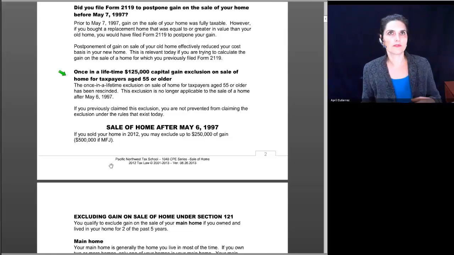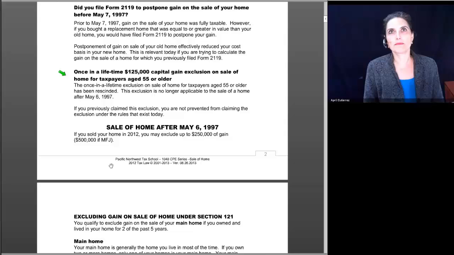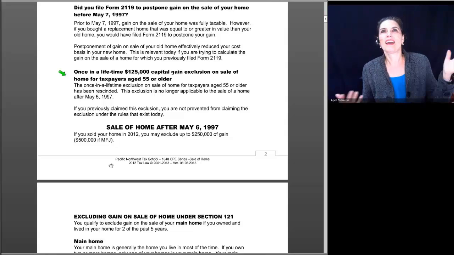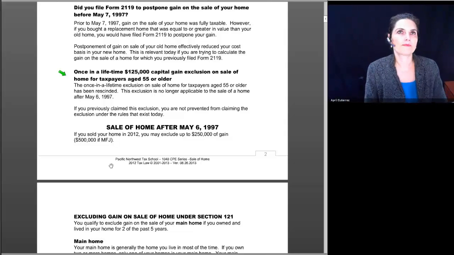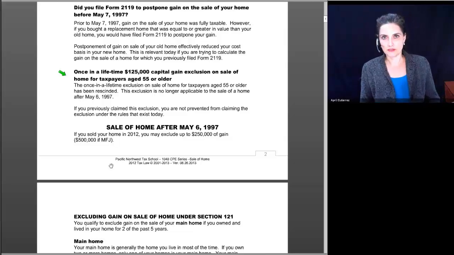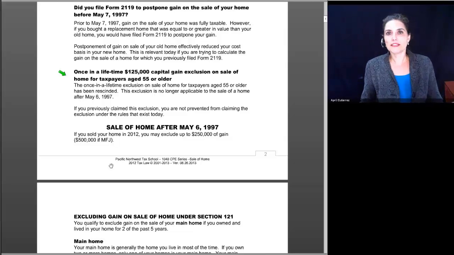So the way that deferral worked is, let's just suppose I go back to 1990. I buy a house, and I pay $100,000 for that house. And then I sell that house in 1995 for $200,000. I have a $100,000 profit. But I turn around within 2 years, let's say 1997, and I buy that replacement home for $250,000.